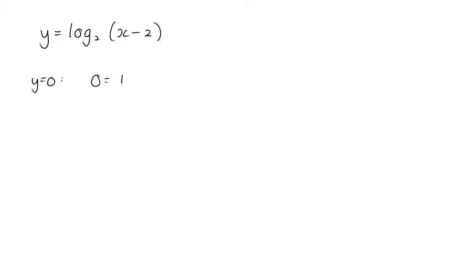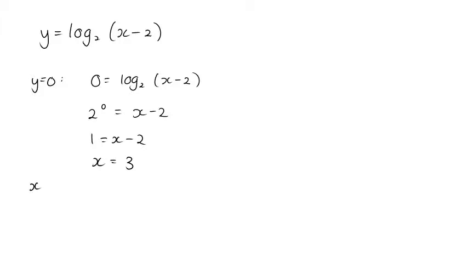We have 0 equals log base 2 of x minus 2. Rearranging, we get 2 to the 0 equals x minus 2. 2 to the 0 is what? 1. So x equals 3.